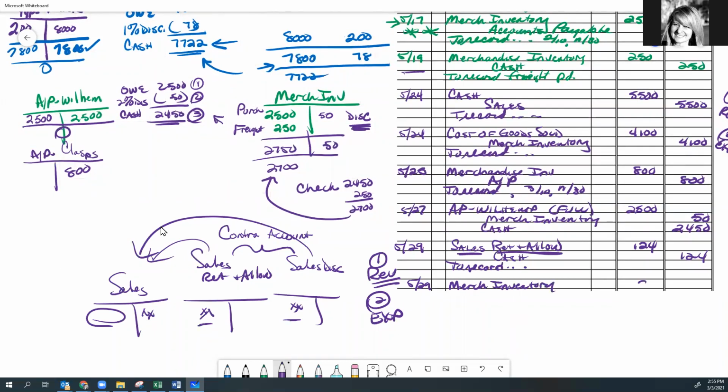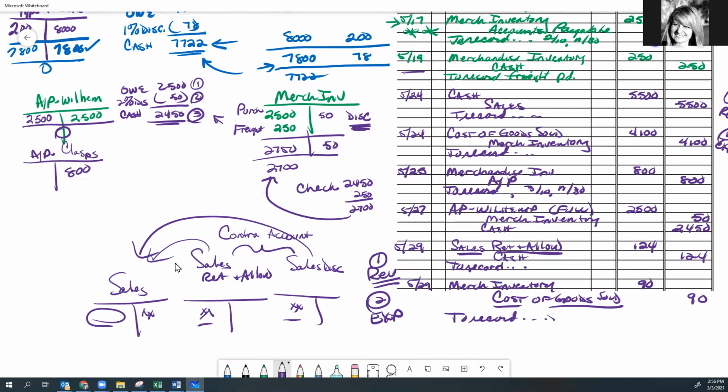So let's debit that asset and make it go up. And then our expense account, when we're a merchandiser, is called cost of goods sold. We've used this a couple of times, but before we were debiting it and making the expense go up. This time we're crediting the expense and making it go down to record merchandise returned.